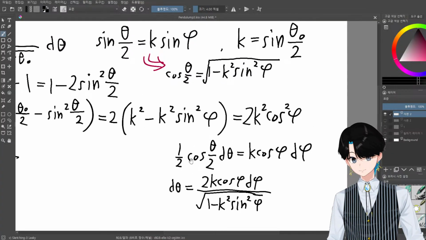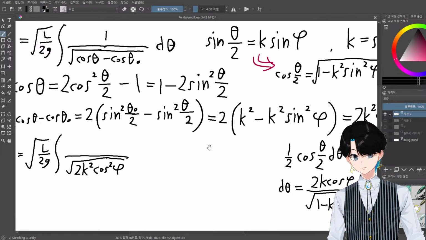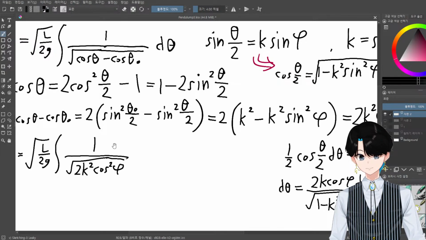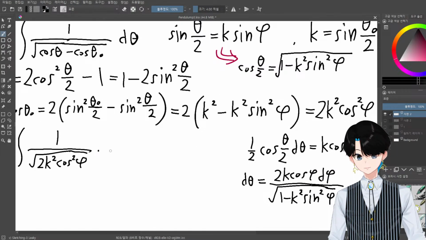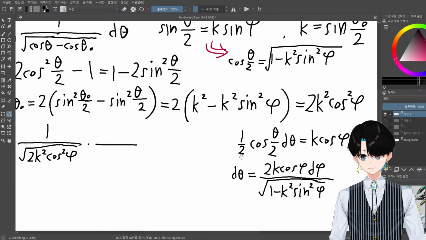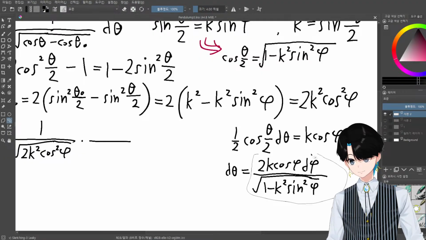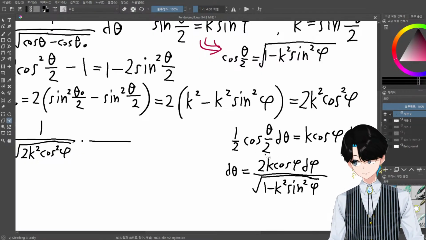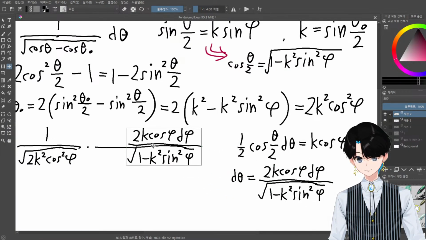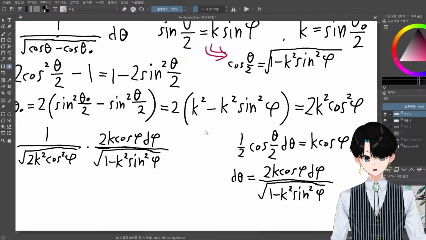So I think I didn't make any mistakes, and we can move on. d theta, times basically the same thing. I'm just going to copy and paste. It's funky looking, but it's okay.